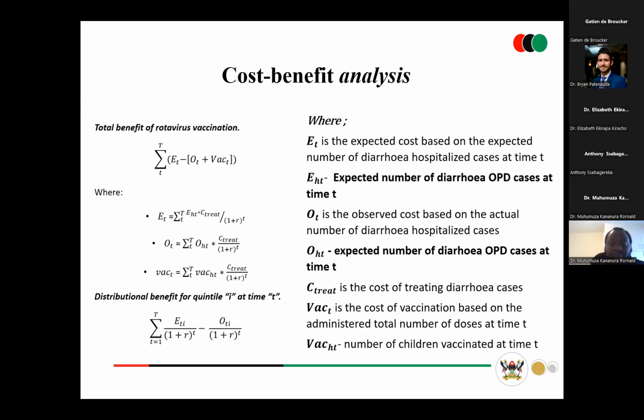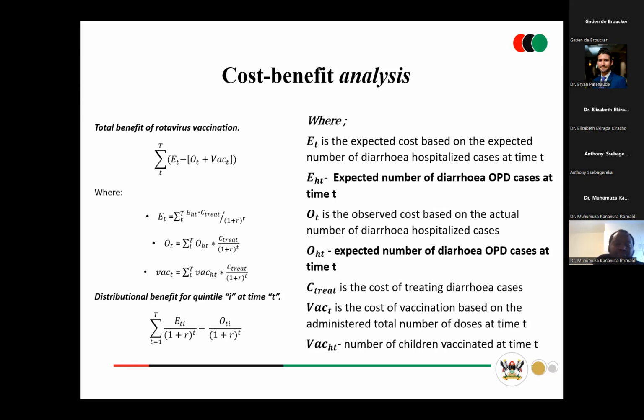In terms of cost benefit analysis, this is really just simple mathematics, where the cost benefit is getting the cost you incurred and the cost you expected, that difference. And of course, we considered the direct costs for vaccination, but also the indirect costs.